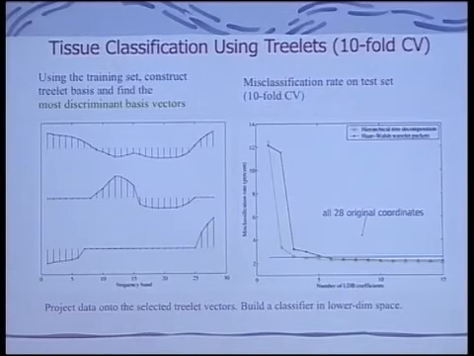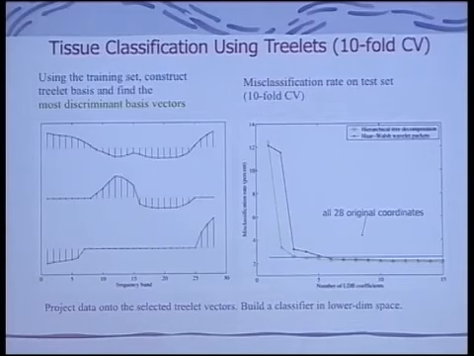OK, so here we use the training set to construct the basis. Then we sort the treelet vectors according to the discriminant power. So here are some examples where we show the three most discriminant vectors. And then we'll perform a dimension reduction by projecting our data onto a subset of these vectors.